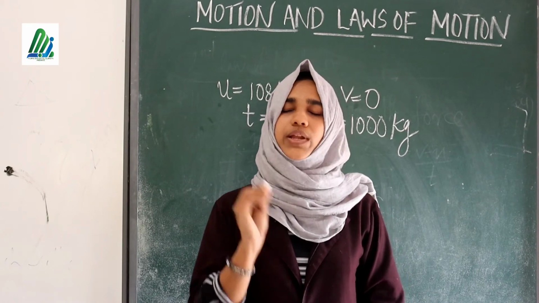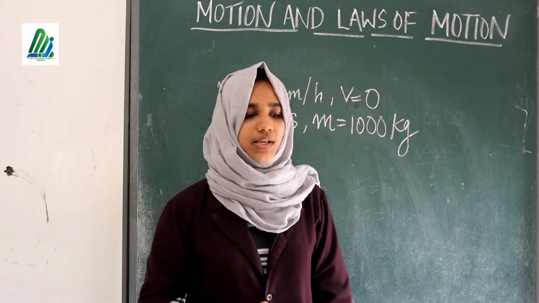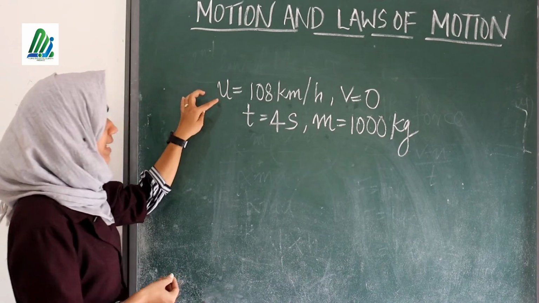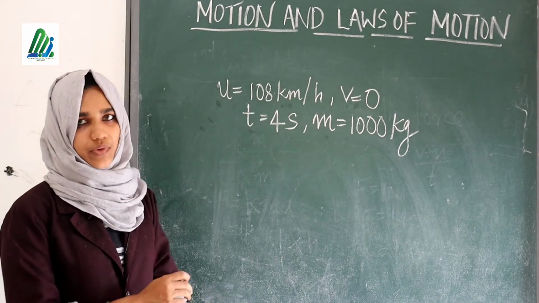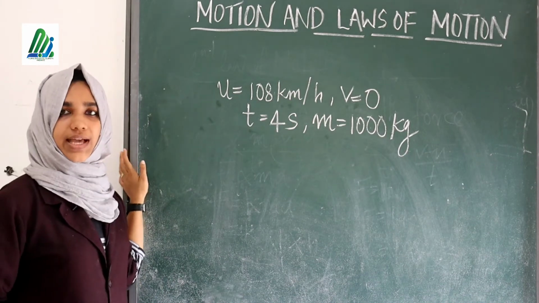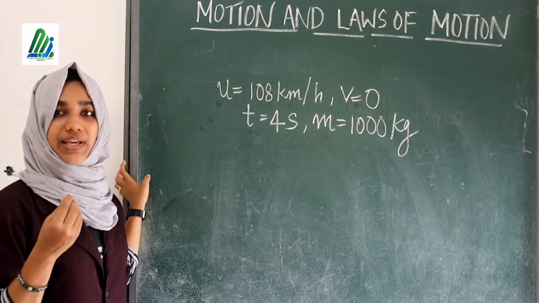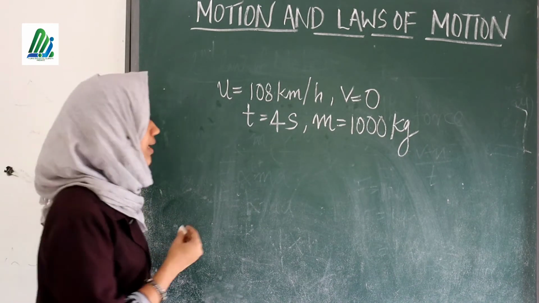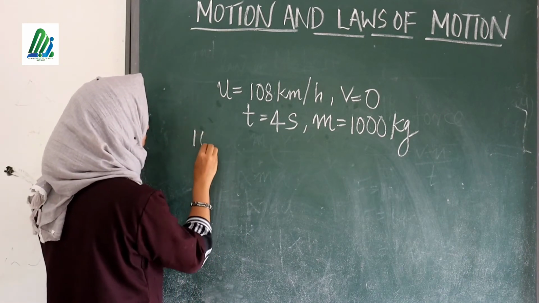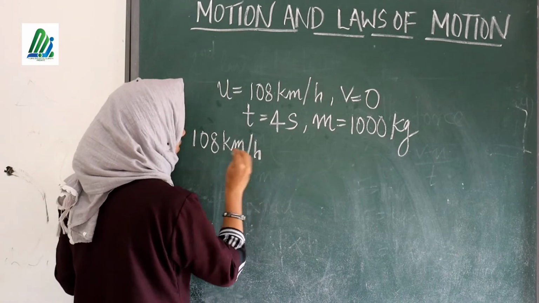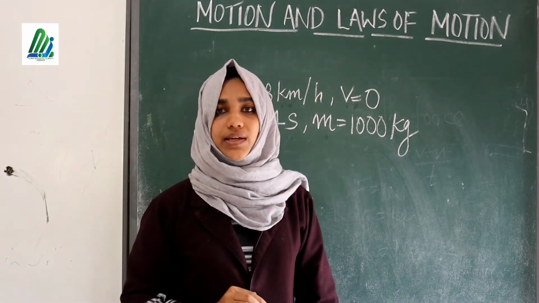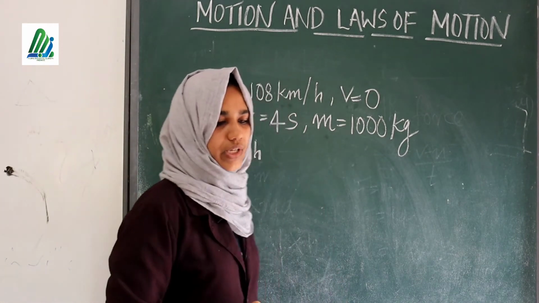So we want to change this initial velocity from kilometer per hour. How can we change that? By multiplying with 5 by 18. So 108 kilometer per hour, we change by multiplying by 5 by 18.